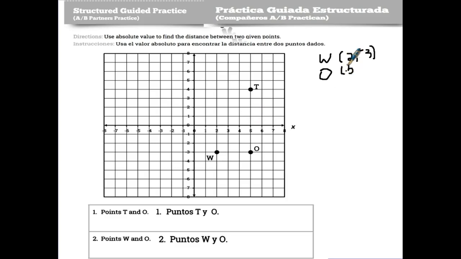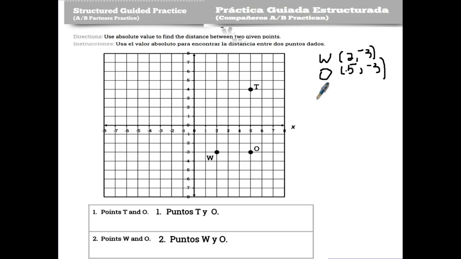So I can see that my x coordinate is the one that's changing, and my y coordinate is -3. So when I need to use absolute value, I'm going to need to use it for my x coordinate points.